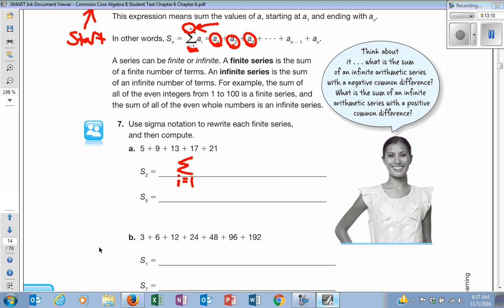Where does it tell me I'm going to end? And that's an i. So what does this really mean? I'm going to take a1 and add it to a2. Do you see how this right here represents all the ones between 1 and 2? Do you get what I'm saying?